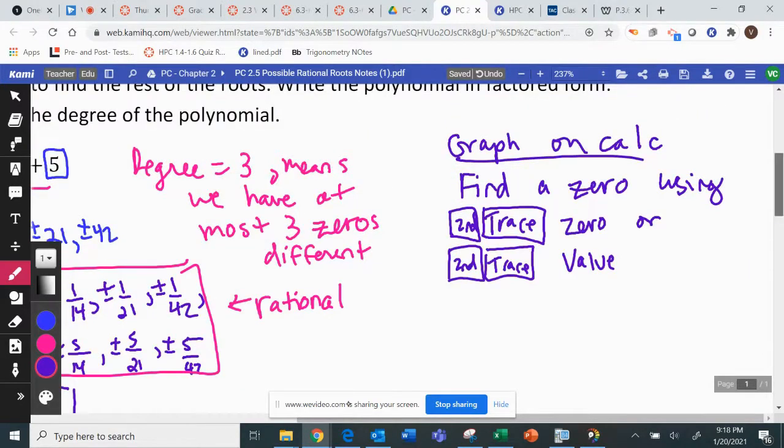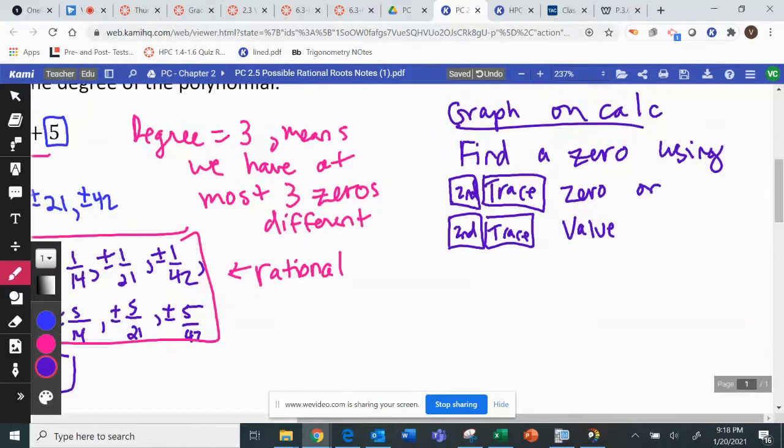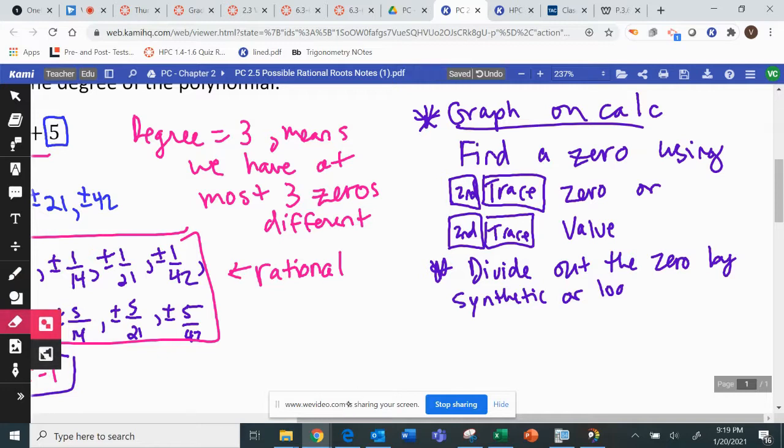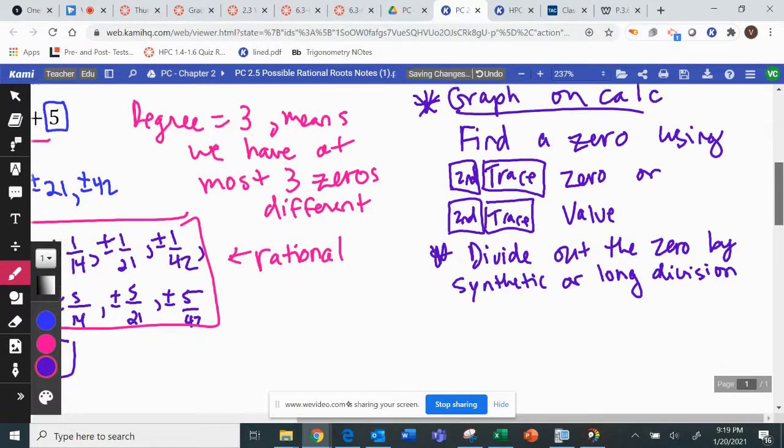So our next step after we find this is to divide out the 0 by synthetic or long division, depending on if it is a fraction or if it is a whole number. Okay, we're going to repeat this.